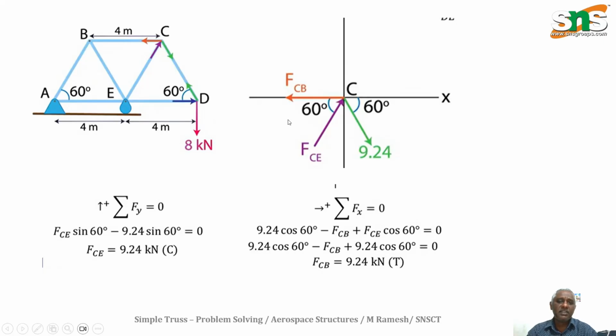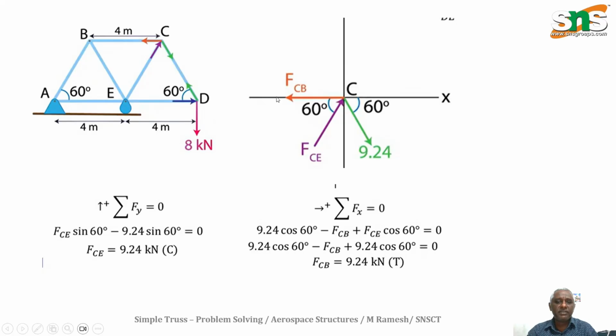So FCE sine 60 and 9.24 sine 60. One goes upward and one goes downward, so one is negative and one is positive. So we get the value of FCE as a negative value, directly, which is a compressive force.